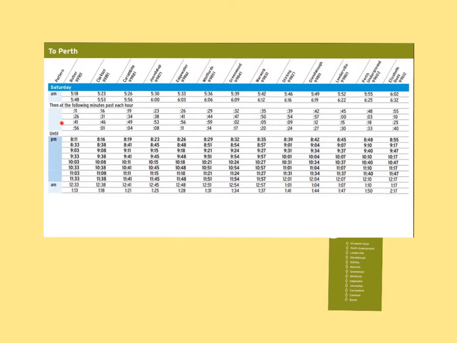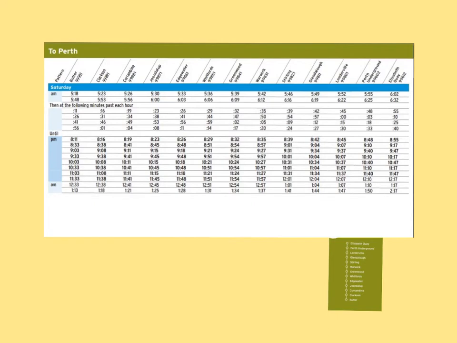Okay, so at 9 a.m., you've got those 4 trains coming through. At 10 a.m., you've got those 4 trains coming through. But not 10 a.m. specifically, 10:39, 10:54, 10:09, 10:24. They're coming through there. The reason they've done that is because they don't want to list every single train that comes through, because, of course, every single train will take up so many lines. You can just assume that at every hour, there's going to be 4 trains coming through at these times here.